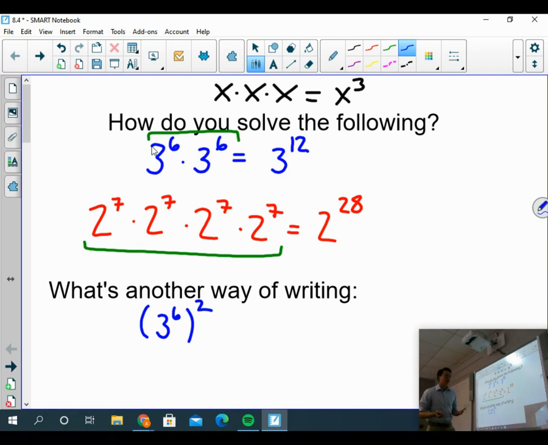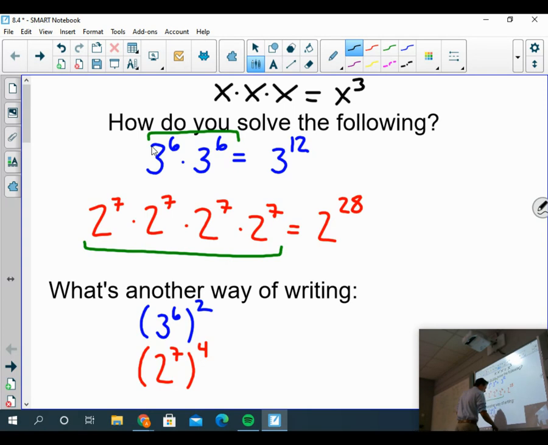So shorthand, I could rewrite the left side of this blue equation as 3 to the 6th squared. Consequently, I could also rewrite the left side of the red equation as 2 to the 7th to the 4th power. Right? I have 4 2 to the 7ths multiplied together.